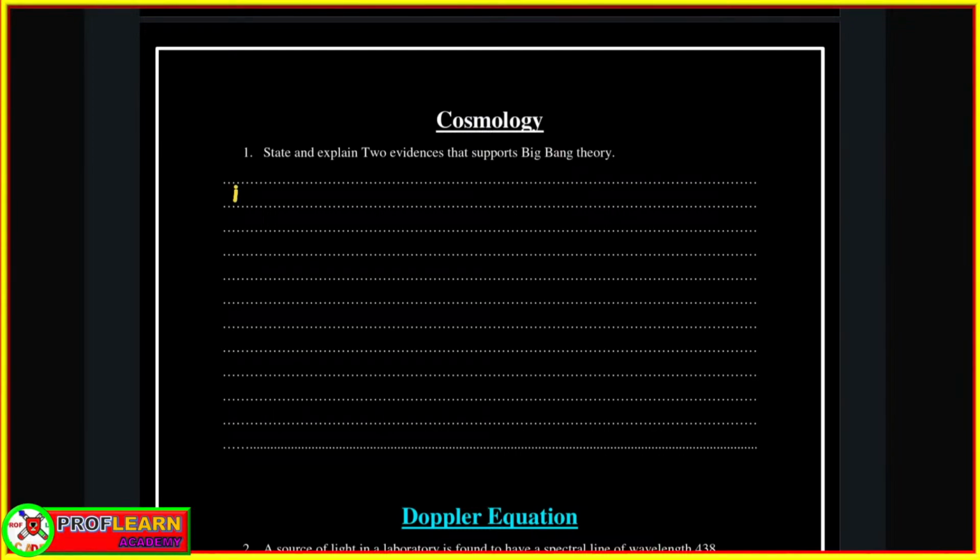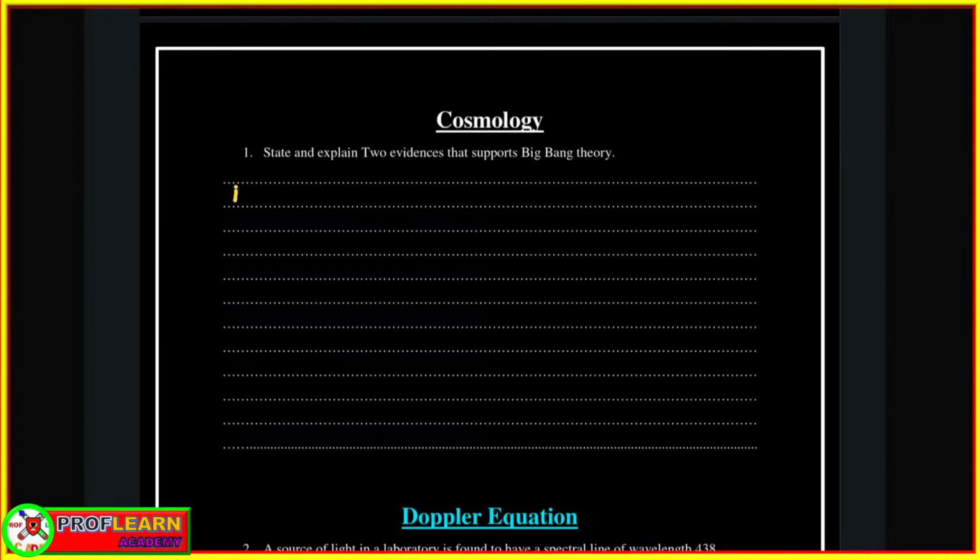So let us now talk about cosmology. Remember, cosmology is a topic that deals with how the universe originated, the origin of the universe. According to the specification, we are going to base our discussion on Big Bang theory.